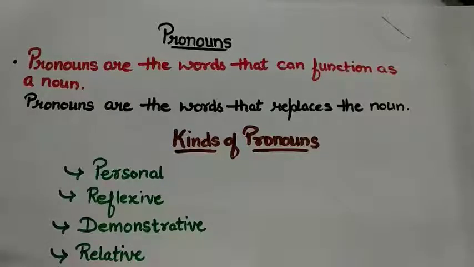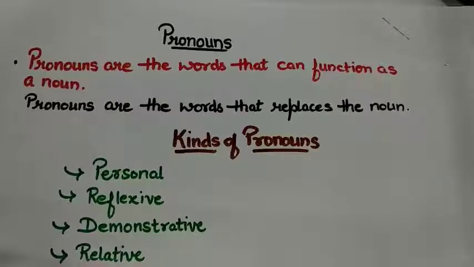perfect. Let us consider a sentence: Ram is going, Ram is sleeping, Ram is eating. Now, in every other sentence, I am using the noun Ram again and again, and that is making my language not perfect.